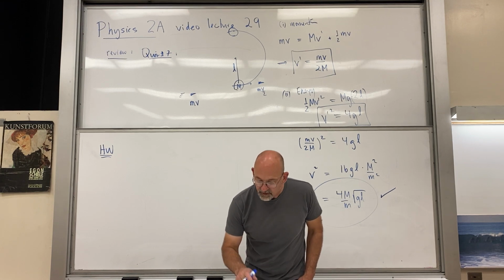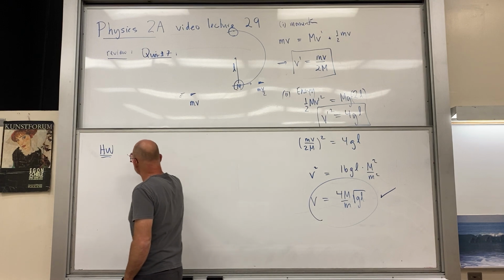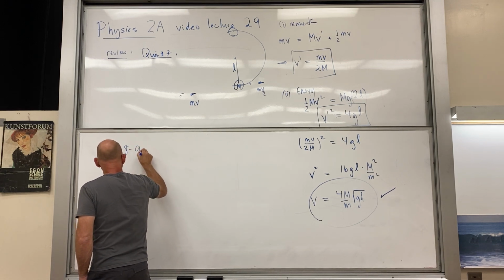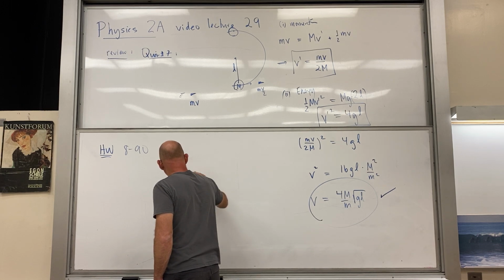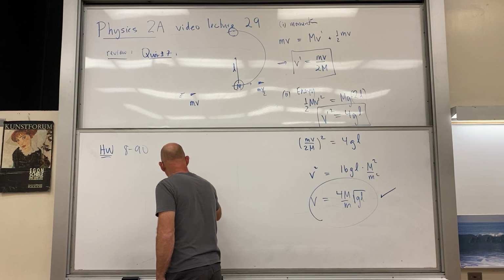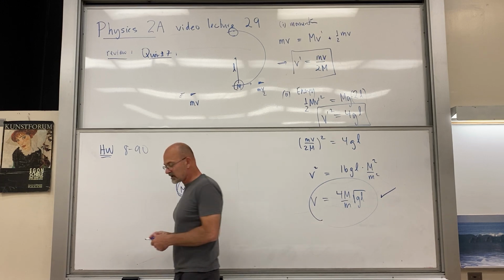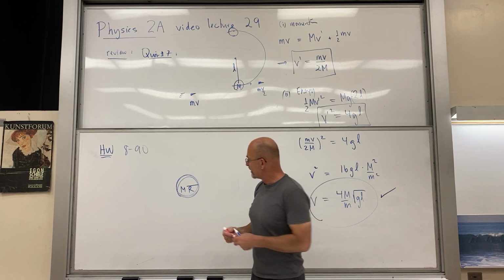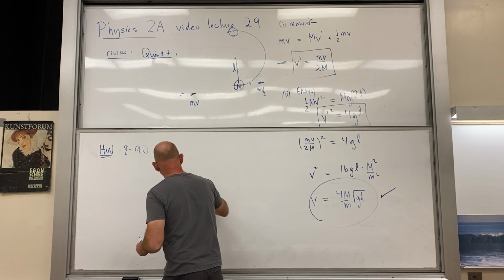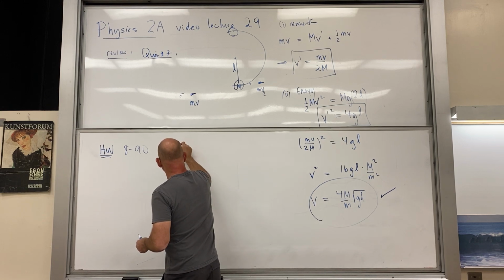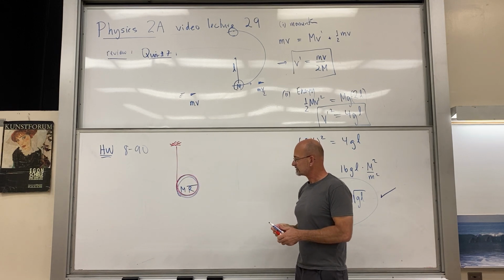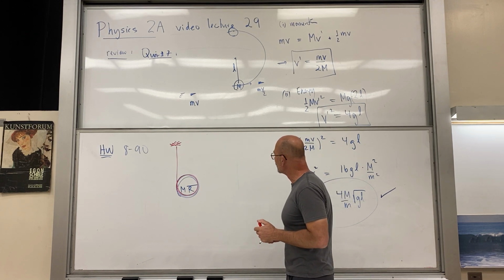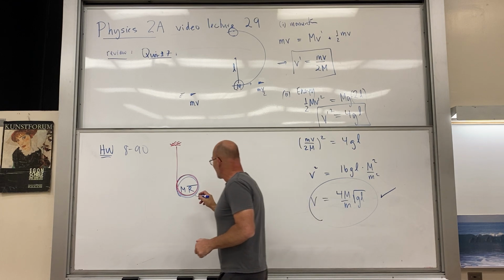Problem 90, part A. This is an interesting one. We have a disk here, mass M, radius R, wrapped with string, and it's suspended here, and it's unwinding. So we have two forms of Newton's law.